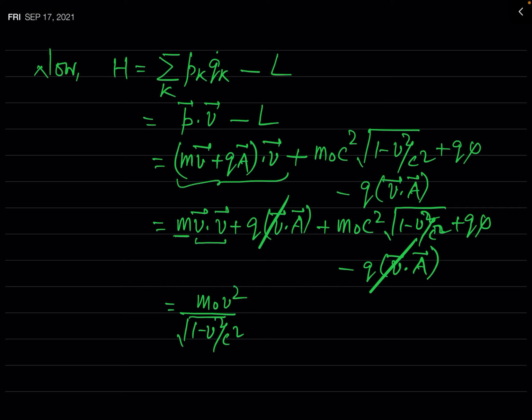You can easily say this is v square, plus m naught c square times root over 1 minus v square by c square, plus q phi.